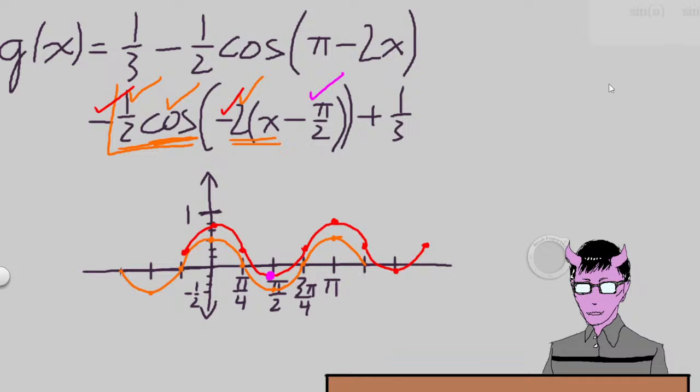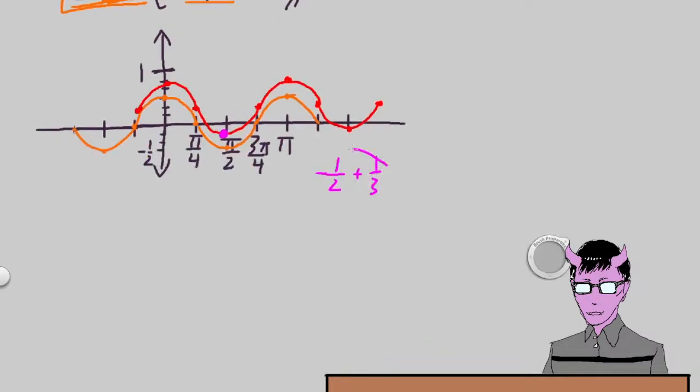Okay, good enough, but let's keep track of the movements. Remember, this is the anchoring point. It moved up 2 spaces, 2 hash marks. So it moved upwards from the negative 1/2 to right here, right? So in consideration, from the negative 1/2, it'll be plus 2 hash mark spaces, which is just going to be 1/3. So doing the simple mathematics, convert them into the same denominator.